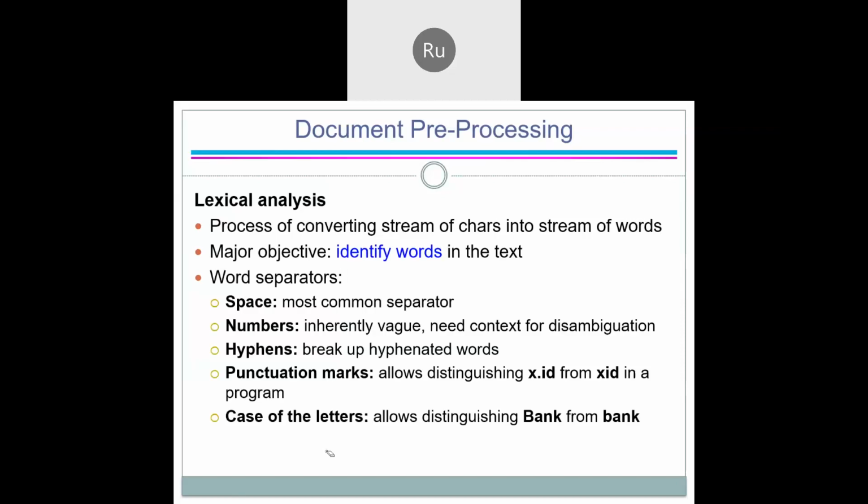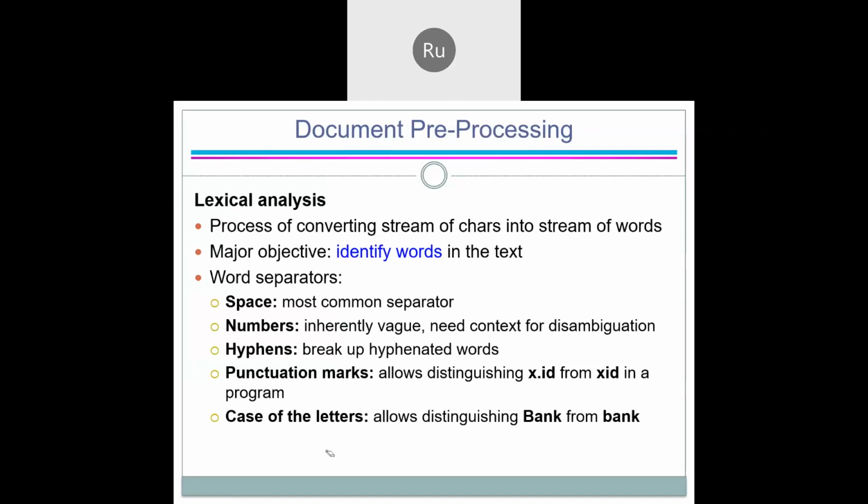The first one is the process of converting a stream of characters into a stream of words. So we want to perform the organization. We want to capture each term that we have in your document. You can detect the word separators like the space, the number, hyphens, punctuation marks.